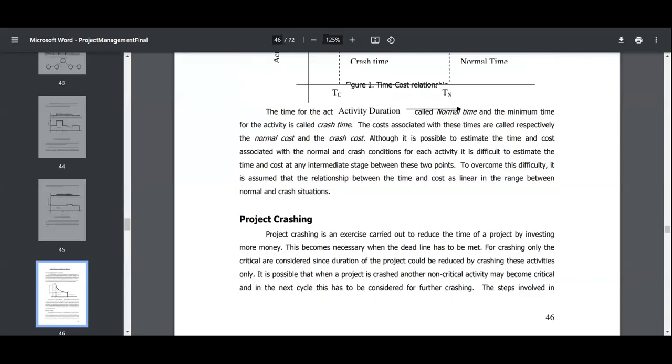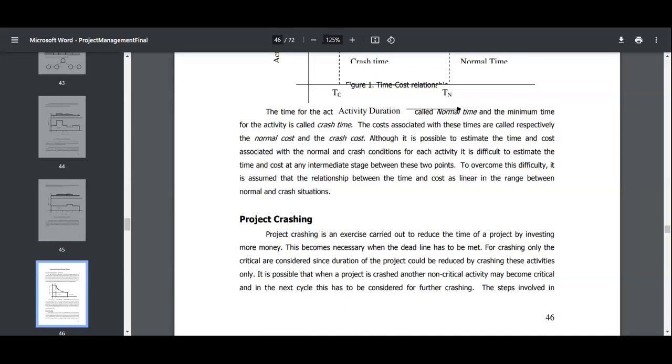So here is how we calculate it. It's the normal time, and the minimum time for the activity is called crash time. The cost associated with these times are called respectively the normal cost and the crash cost.